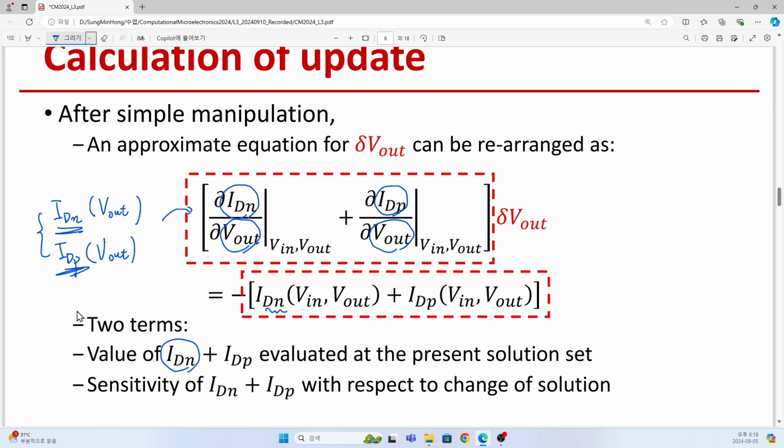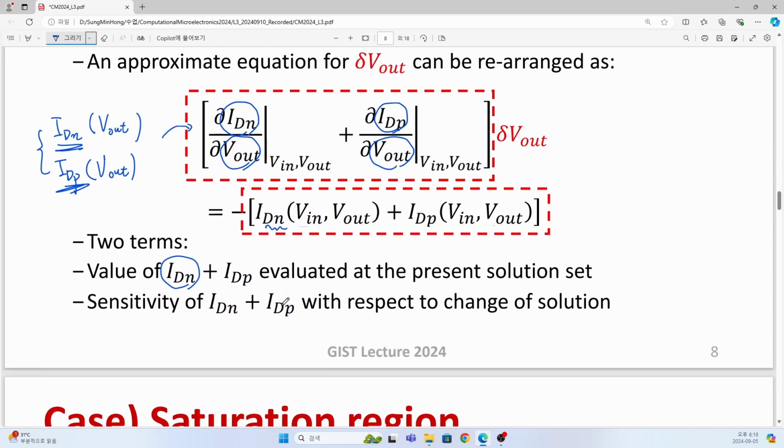However, for given values of V in and V out, we know the complete expression for these two functions. So by spending a little bit more implementational effort, we can also get these derivative values.